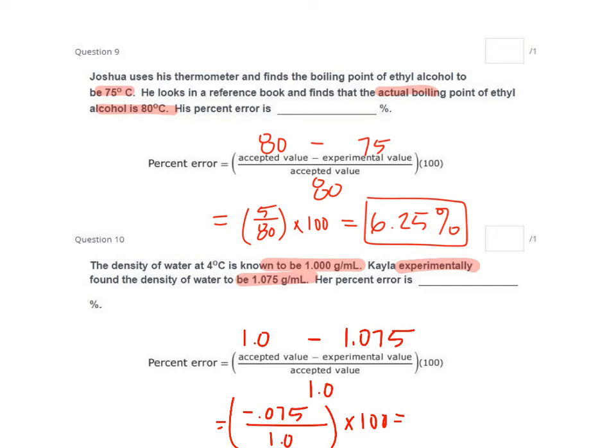So that gives you a negative 0.075 divided by 1, which is negative 0.075, and then times 100 moves my decimal place 2 to the right, and I get a negative 7.5%.